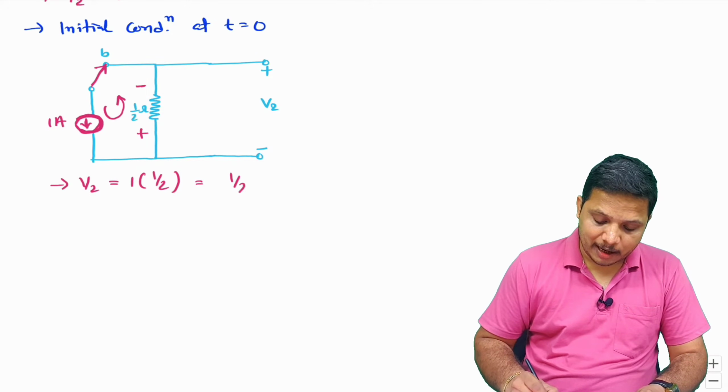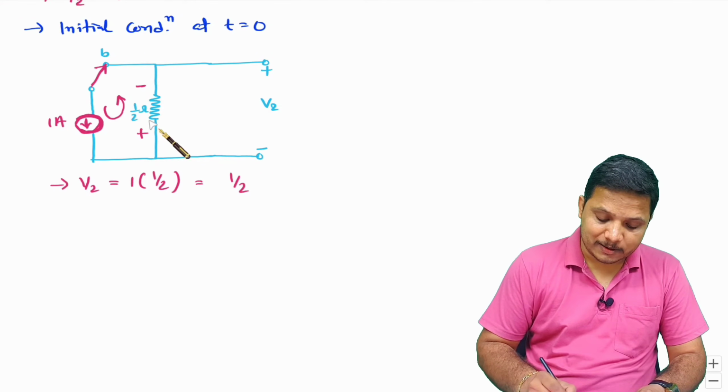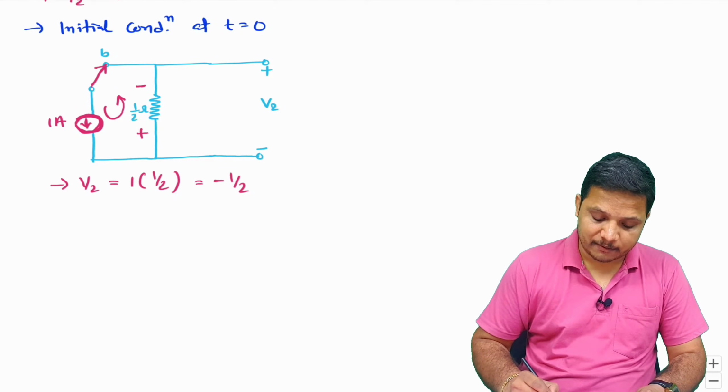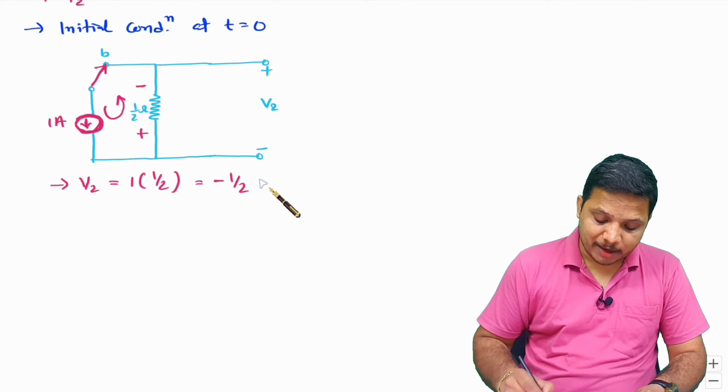So that will be half, but that has to be minus. Why? The reason is V2 is measured as per plus minus polarity, and across this it is happening as per plus minus in this way, which is opposite to this. So I need to say this is minus half. So I can say at t equals 0, V2 is minus half voltage, right?